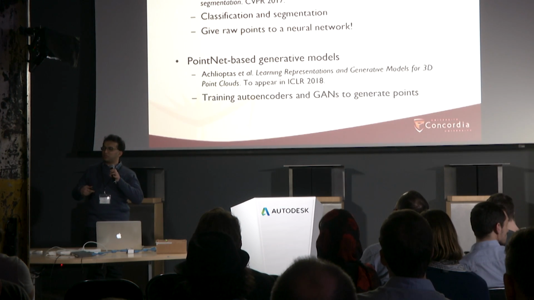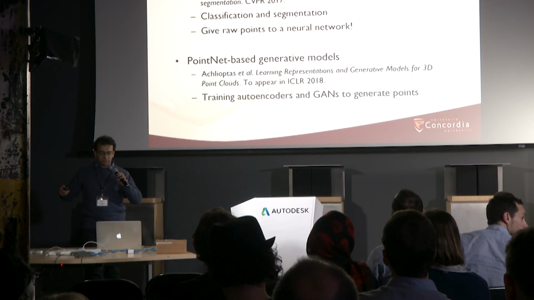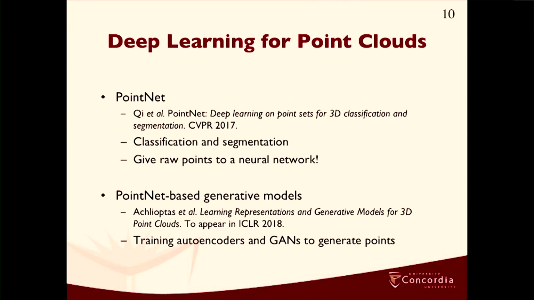That's something which we hadn't really seen before last year. And I think Mike had already covered some of the other Pointnet-related papers. But this is another one I find really interesting, which is the generative models based on Pointnet, where you can use Pointnet-based autoencoders to generate new point clouds.